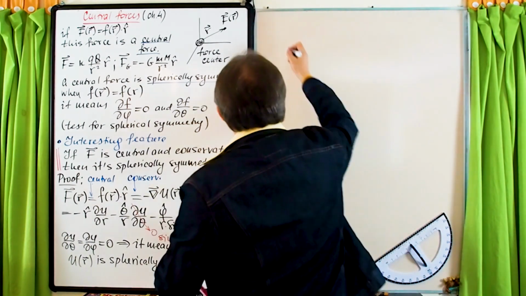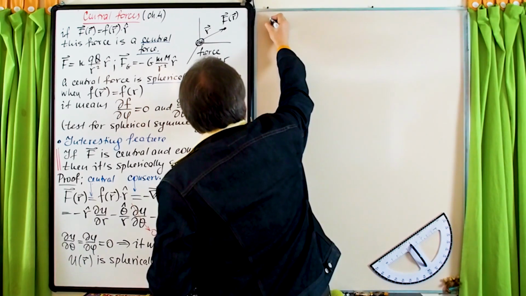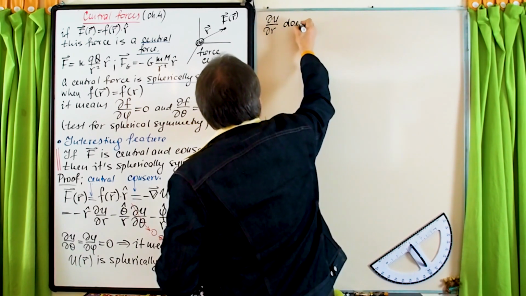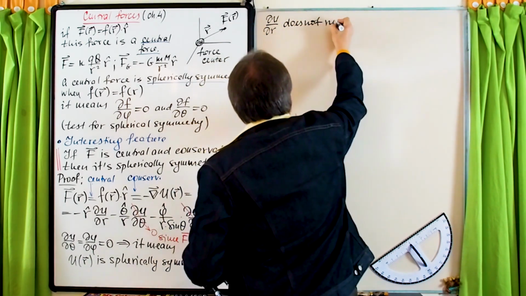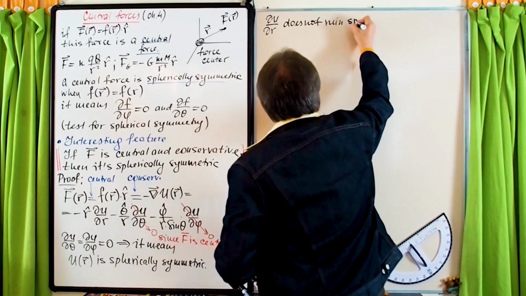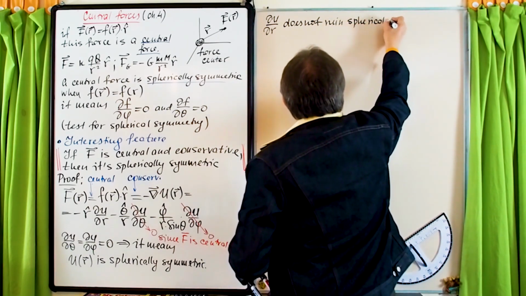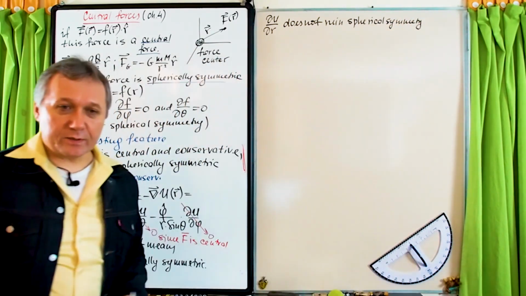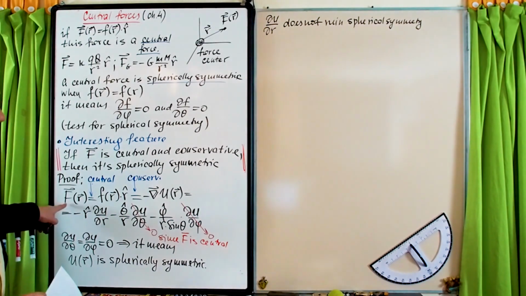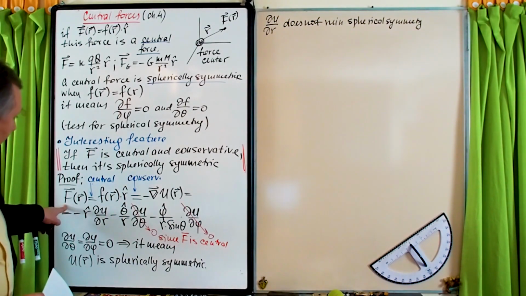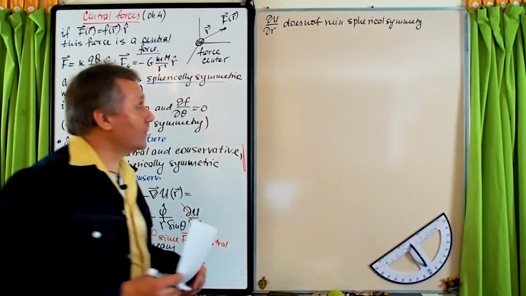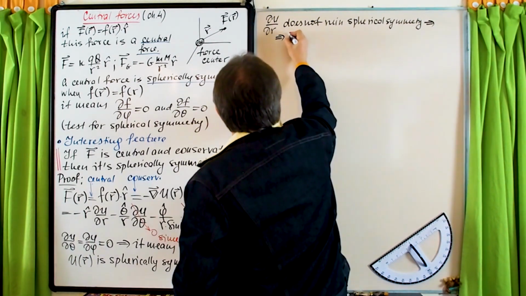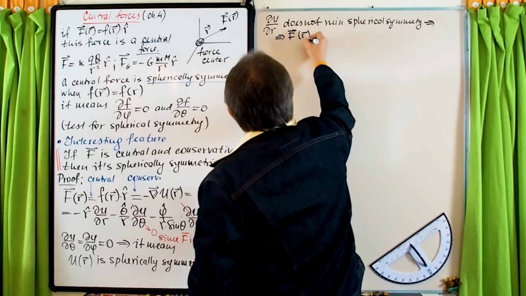And then a partial derivative of U with respect to R does not ruin spherical symmetry, and that's the essential part of F. So this will still be spherically symmetric. So F is spherically symmetric.